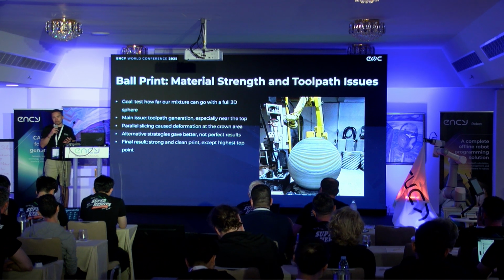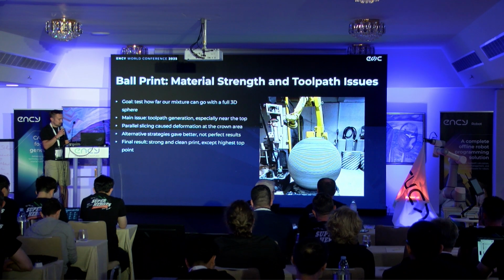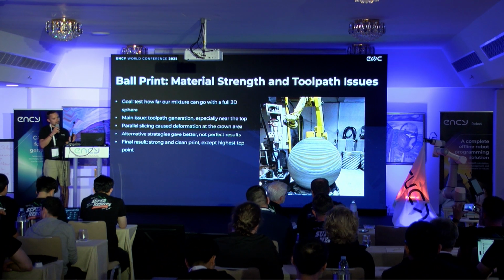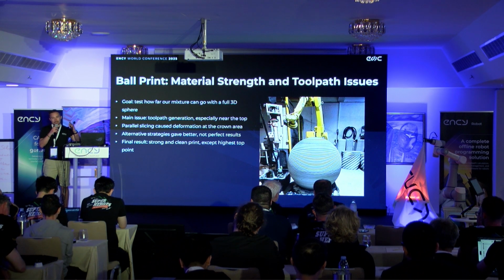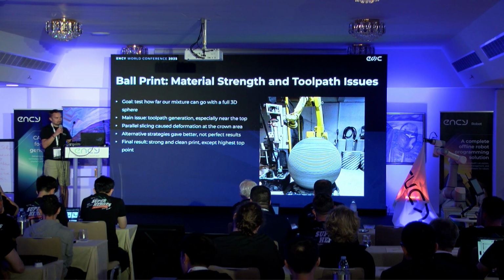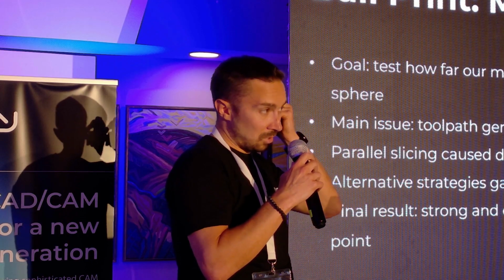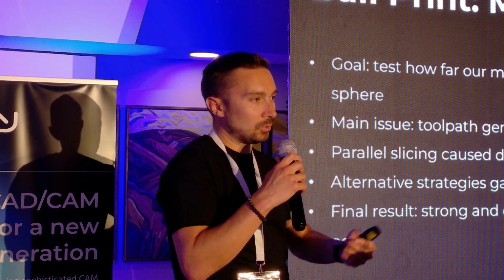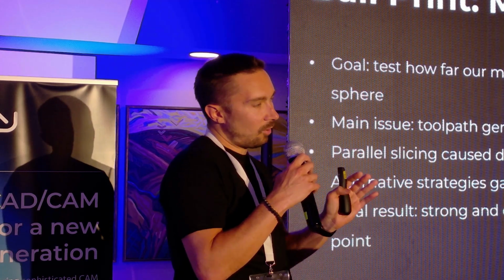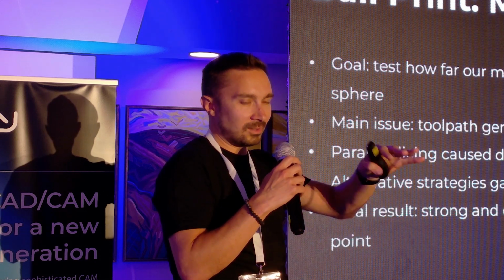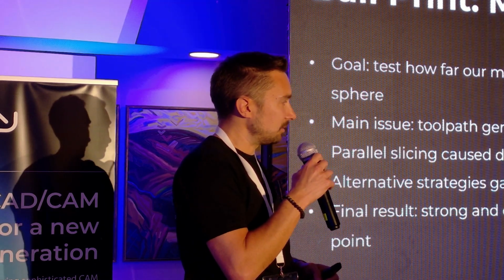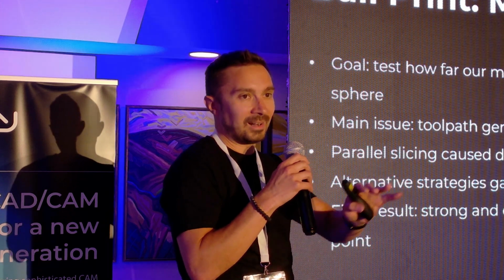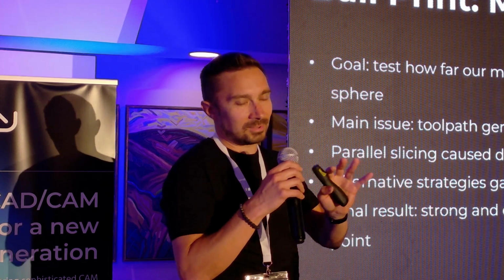First, I faced some issues with trajectory creation, because we change from vertical to totally horizontal toolpaths, and we should find a good way to generate consistent toolpaths for all parts of the sphere. And we were able to do it with adaptive step, but not ideally.